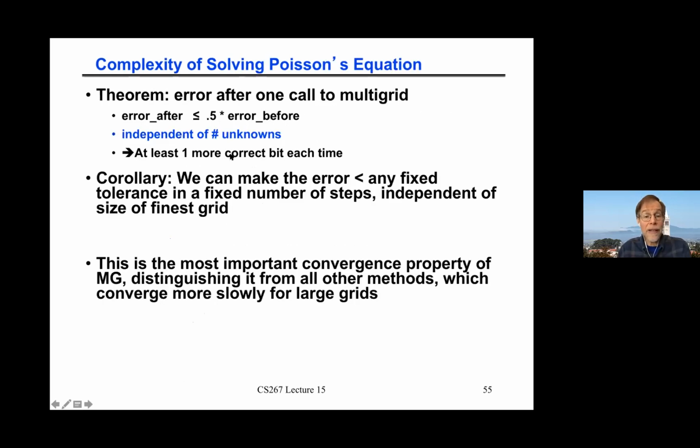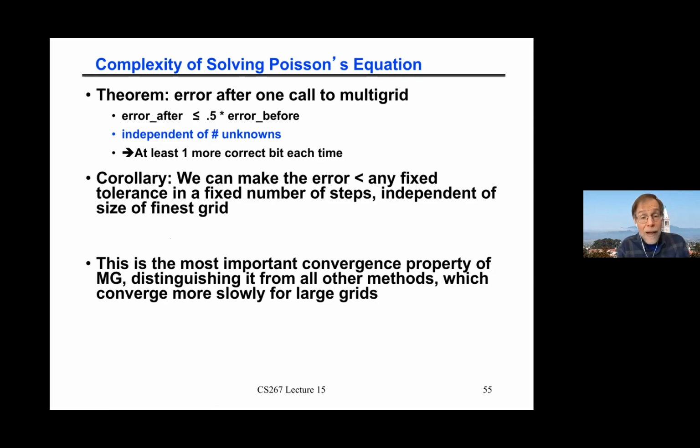And so here is the beautiful theorem that I'm not going to prove. I'm just going to show you some pictures to give you the intuition. If you do one V-cycle, one call of multigrid, you're guaranteed that the error is going to go down by at least a factor of 2, no matter how many unknowns you have. That means each V-cycle gives you at least one more correct bit in the solution.